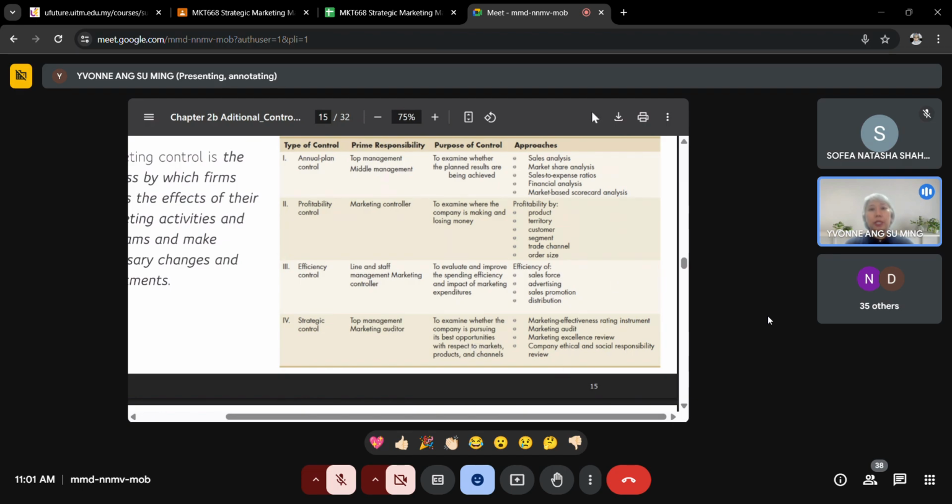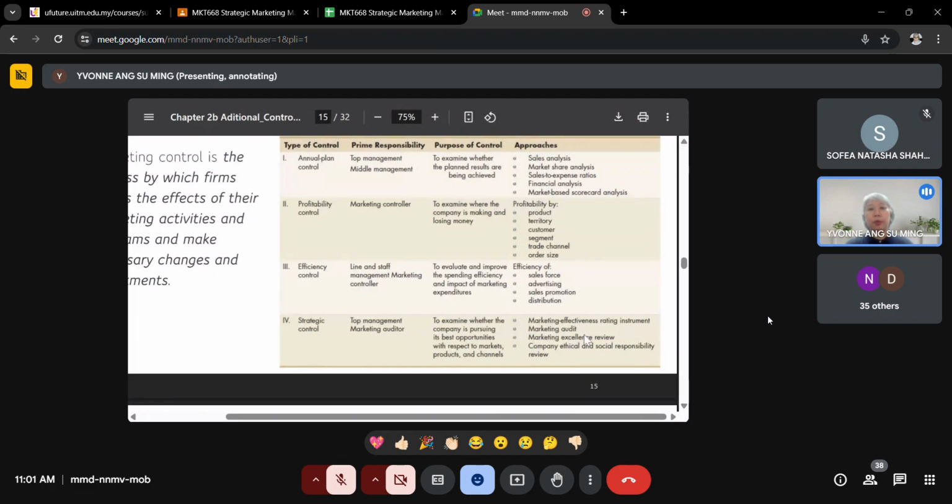Okay, so here you can see some of the typical approaches that the researchers who write the textbook have noticed when they go through the marketplace and the companies within it. They have found that typically the approaches used would be things like the marketing audit, marketing excellence review.